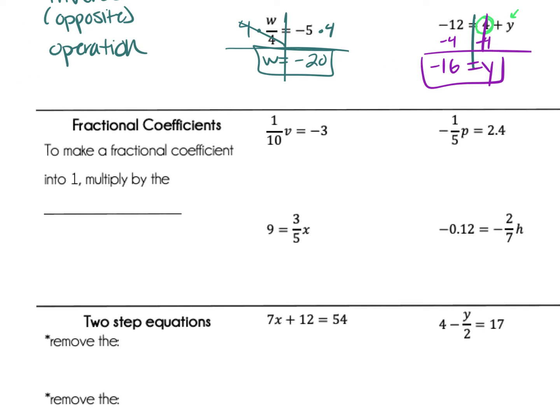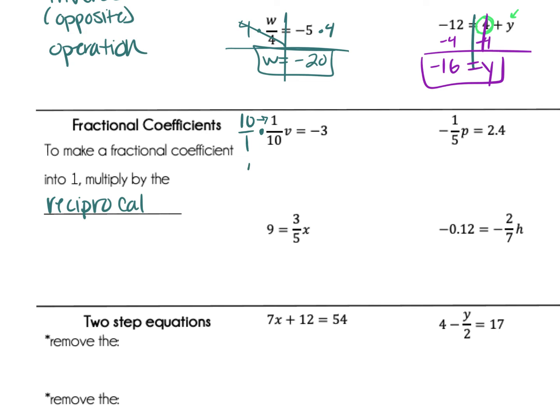Okay? All right, so if you have a coefficient that's a fraction, like 1/10, you multiply by the reciprocal. Okay? And that's going to turn that into 1. So the reciprocal of 1/10 is 10 over 1.